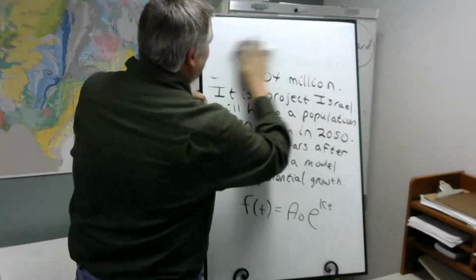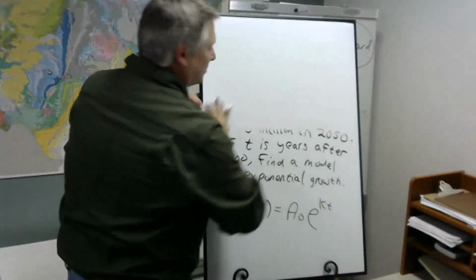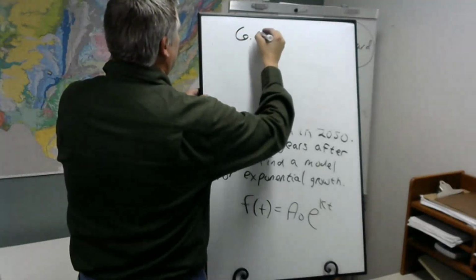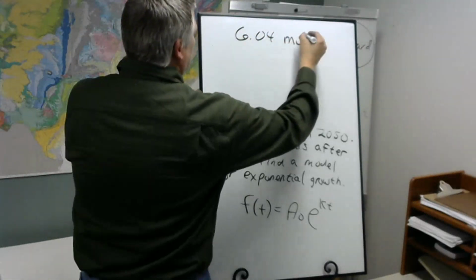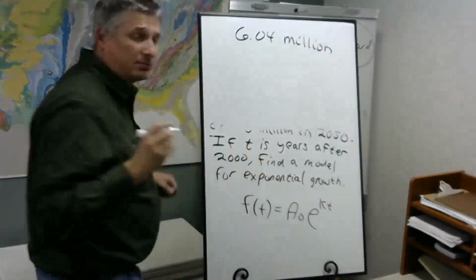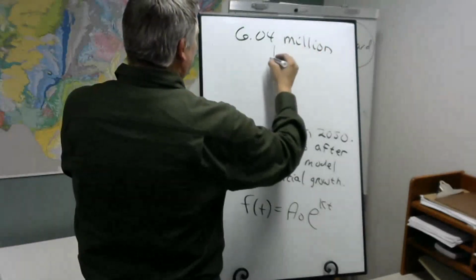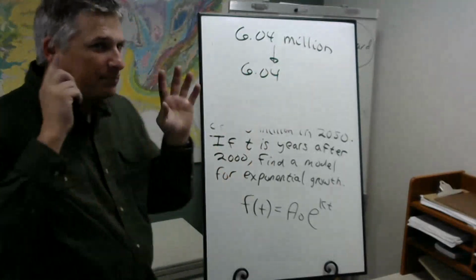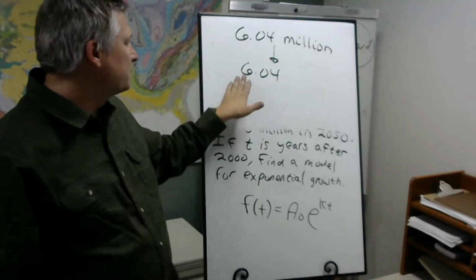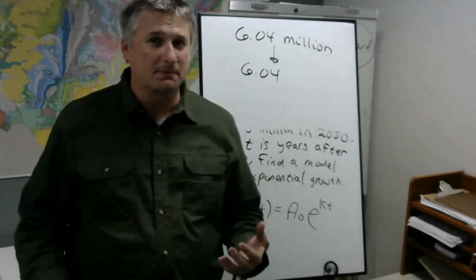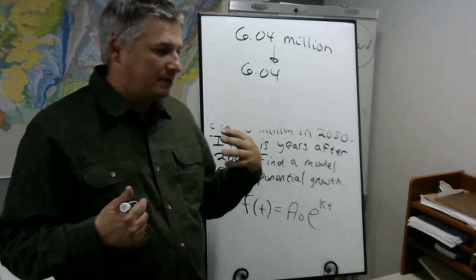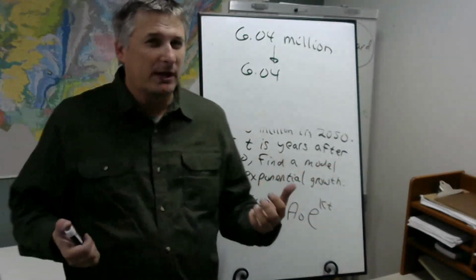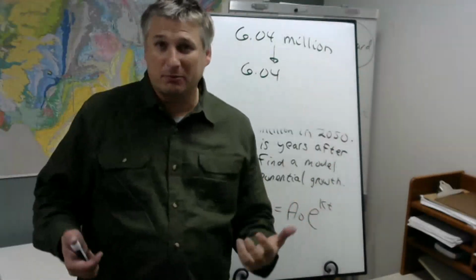Now, with this initial population, we're told that it's 6.04 million. So what's common in this type of problem is we just refer to this as 6.04. And we're going to keep in mind that this is really 6.04 times a million. So whatever numbers we get as output from our formula, we always have to multiply that output by 1 million, something we're going to want to remember.